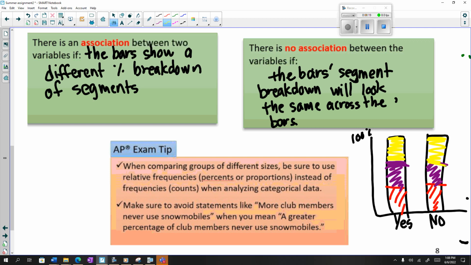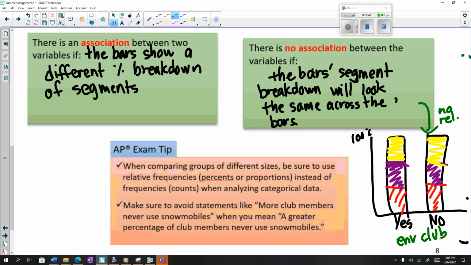If it was exactly the same going across the bars, then that means there is no relationship between the two variables, because it doesn't matter if the person is a member of the environmental club or not. The percent breakdown will be the same regardless of if they were a member or not.